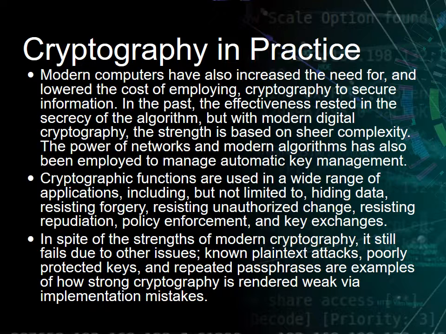In the past, the effectiveness rested in the secrecy of the algorithm. But with modern digital cryptography, the strength is based on sheer complexity, not on the secrecy. And that's why you'll find that most of the algorithms we're going to talk about in this video are open sourced, and you can actually look at the algorithms and see how it's done if you're curious about it.